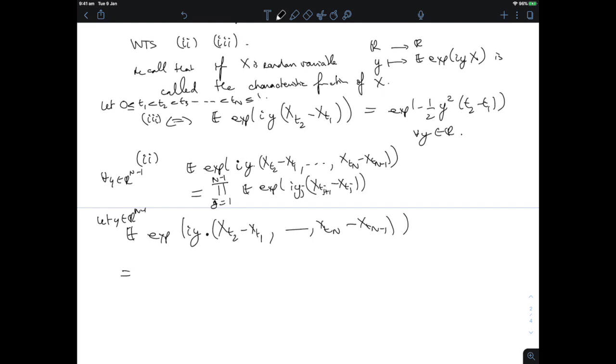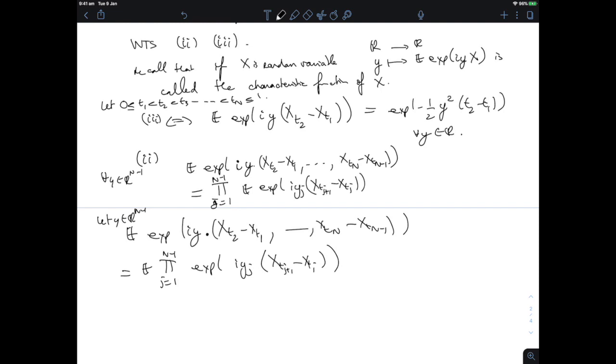So what is that? This is an expectation of the exponential of a sum, so that's certainly a product of exponentials: the expectation of the product over j of exponential i y_j (x_(tj+1) minus x_tj). Very good. But notice it's an expectation of a product, not a product of expectations. So I haven't already proven 2, obviously. I'm going to need some level of independence in order to exchange the expectation and the product.